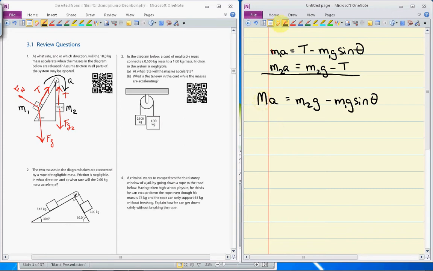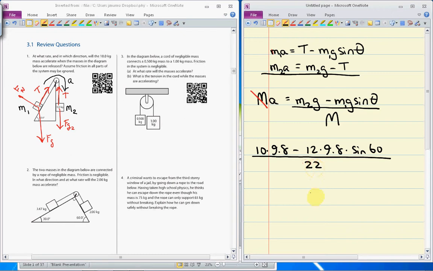So let's just rearrange that. So put the M down below. Remember, big M is the mass of the entire system, 22 kilograms. So just start plugging away. M2g, 10, times 9.8, minus M1g, well, M1 is the 12, times 9.8, times the sine of 60 degrees, all divided by 22 kilograms.